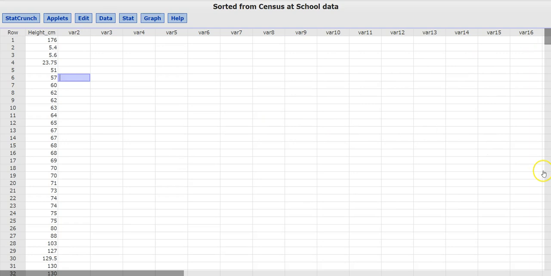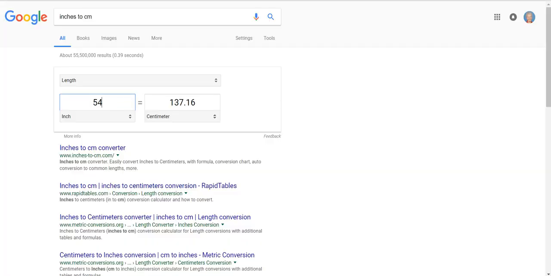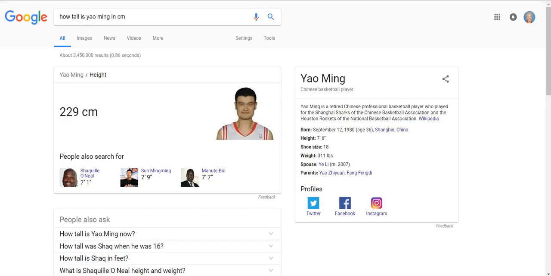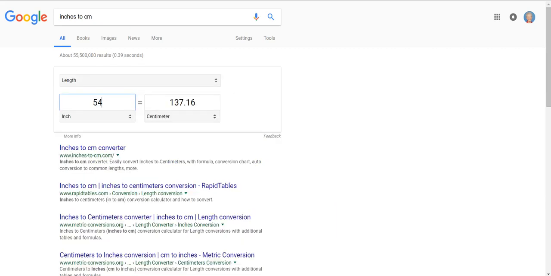Now, a couple that are going to give us a little bit of a problem then are these 127, 129, 130, because we said it's pretty unrealistic that anybody would be over 220 or under 137. Okay, so 229 is extremely tall, highly unusual, and 137 is extremely short.